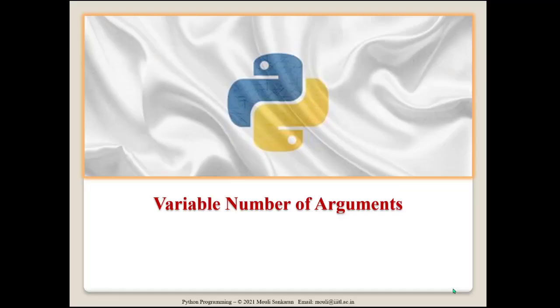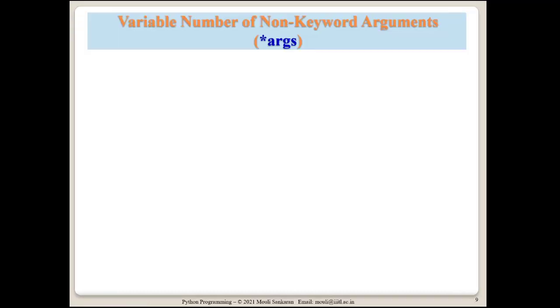Now let us look at variable number of arguments like printf. So in printf, what happens? Let us also see what happens in printf. Now, how does the C process it?